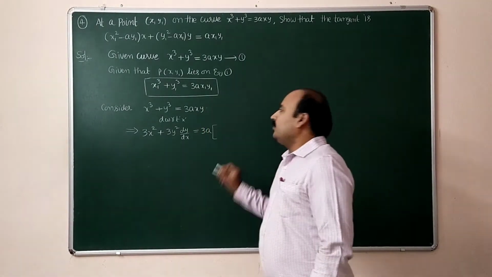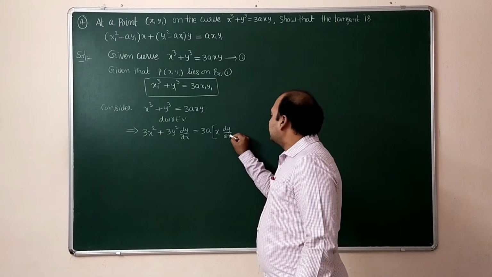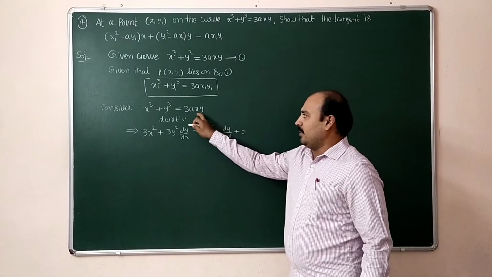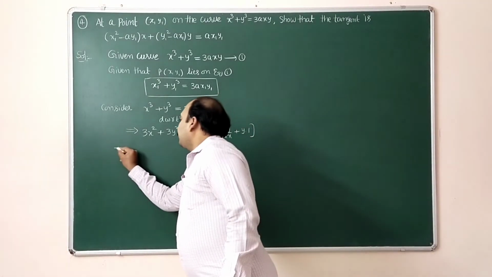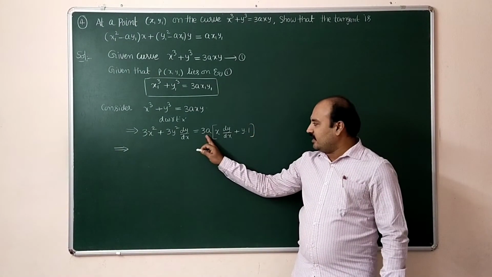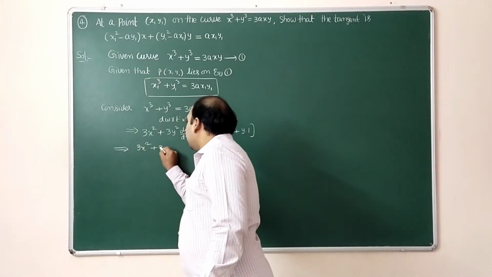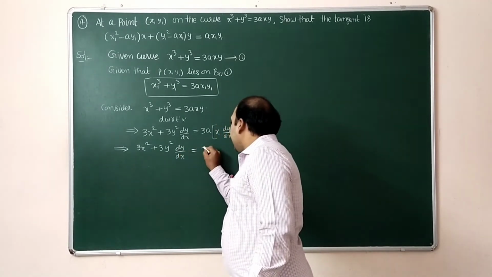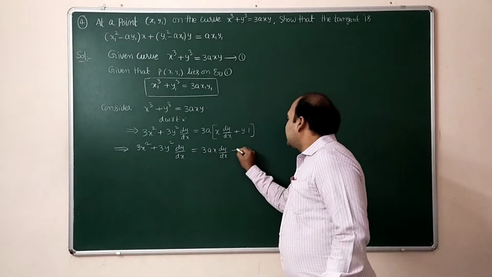So keep bracket x into dy by dx plus y into d by dx of x, which is 1. Now each and every term multiplying by 3a, 3x square plus 3y square into dy by dx is equal to 3ax into dy by dx plus 3ay.